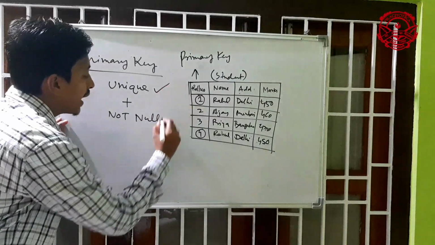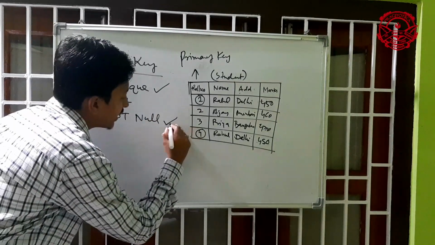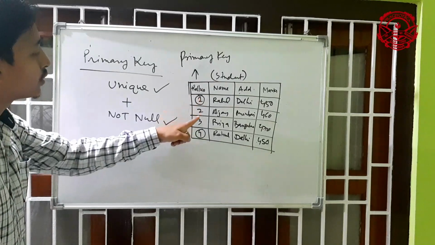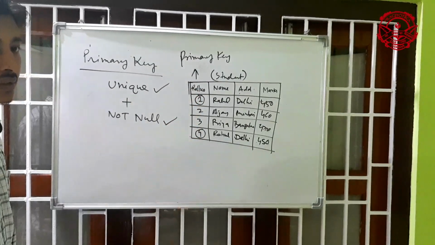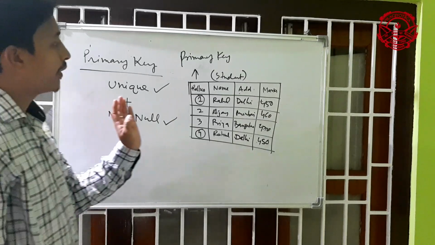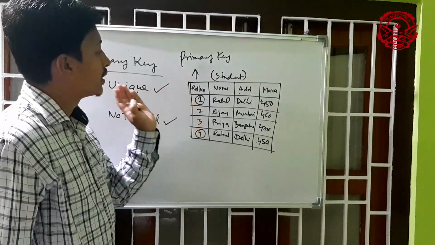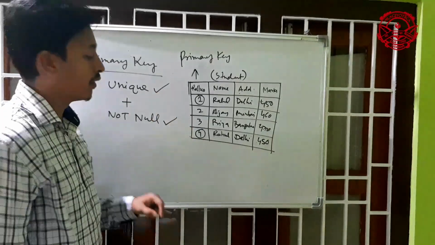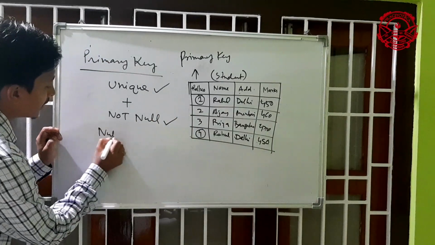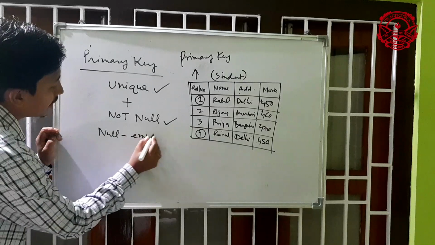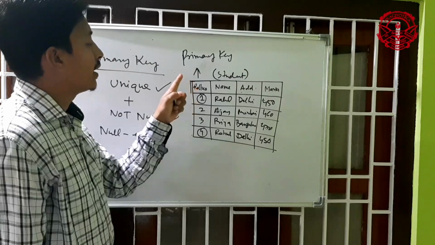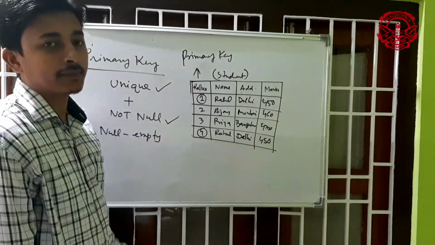Roll numbers 1, 2, 3, 4 are all unique. When I insert, the roll number should be unique and should not have a null value. Null means empty. The field is not going to be empty.